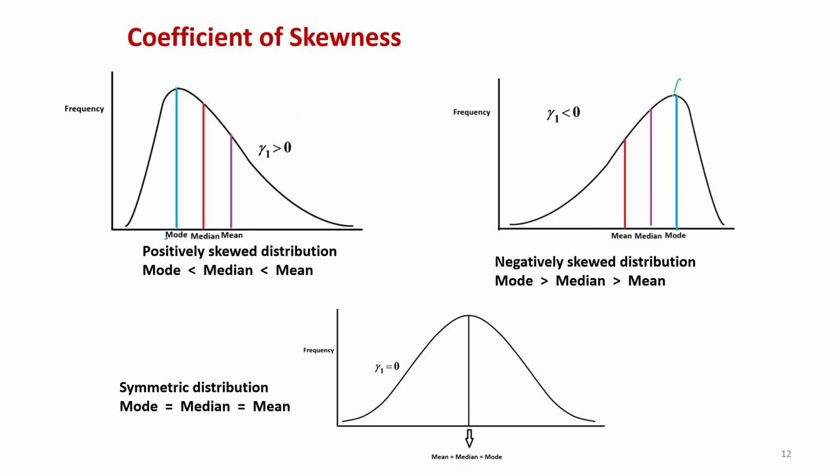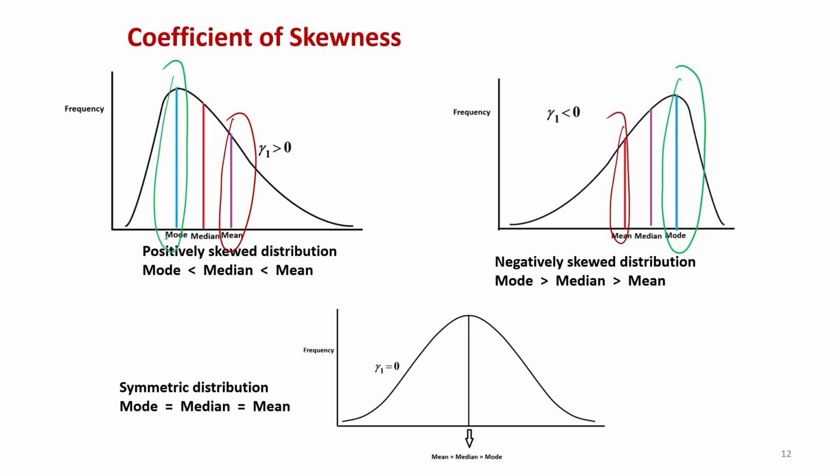So you can see here the mode is taking the maximum value in the negatively skewed case, but in the case of positively skewed, this is taking the minimum value, and in the case of positively skewed, the mean is taking the maximum value, and here the mean is taking the minimum value, right. And in the case of median, median is lying between mode and mean in both the cases, positively and negatively skewed curves.